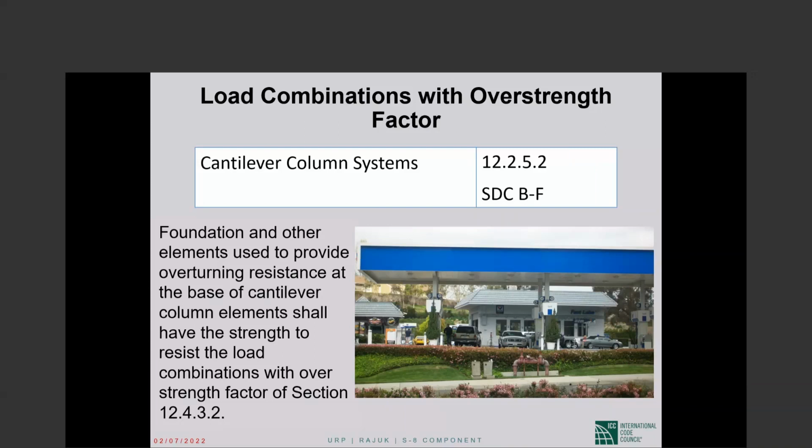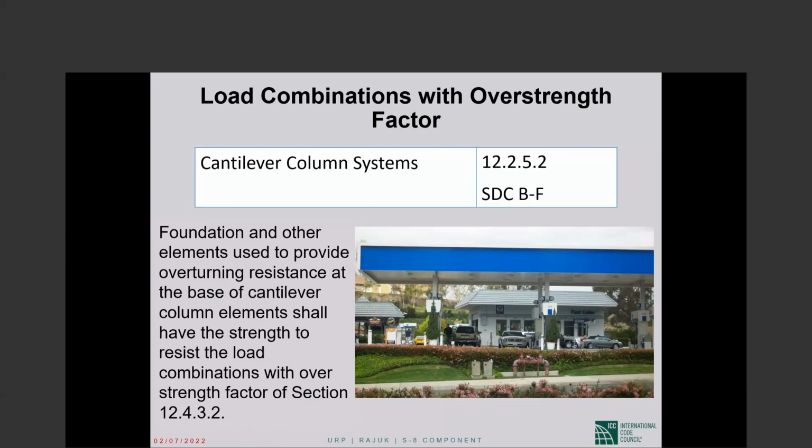ASCE 7 requires the load combinations with overstrength factor to be used in this particular section, and this is how it reads. Foundation and other elements used to provide overturning resistance at the base of cantilever column elements shall have the strength to resist the load combination with overstrength factor, etc. So cantilever column systems are where a cantilever column resists the entire seismic forces.